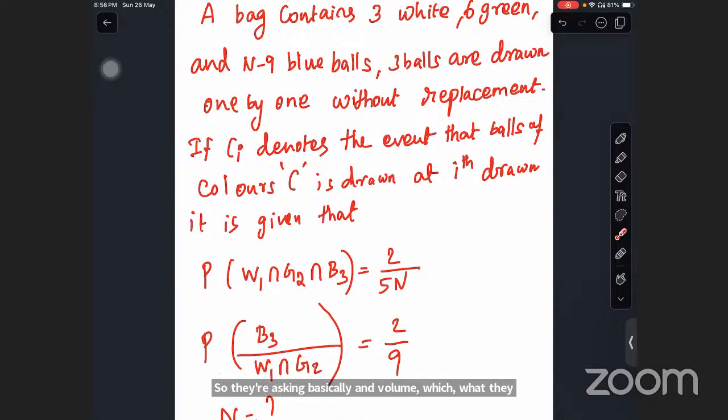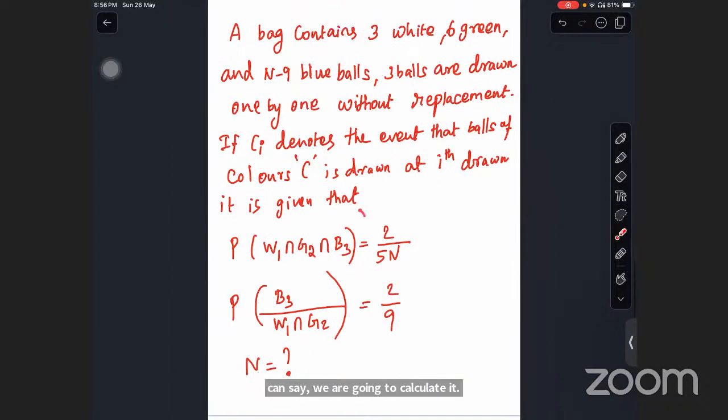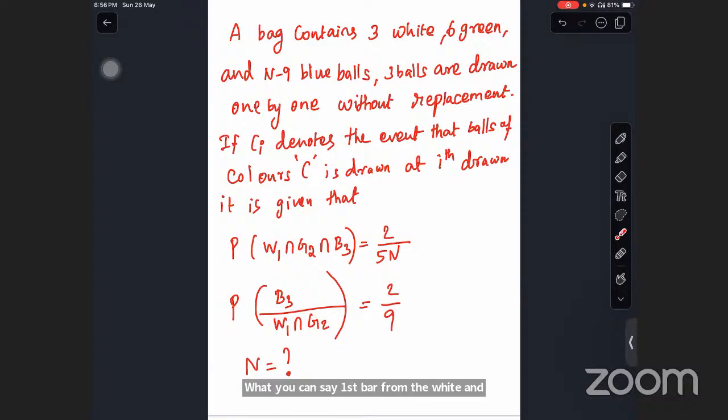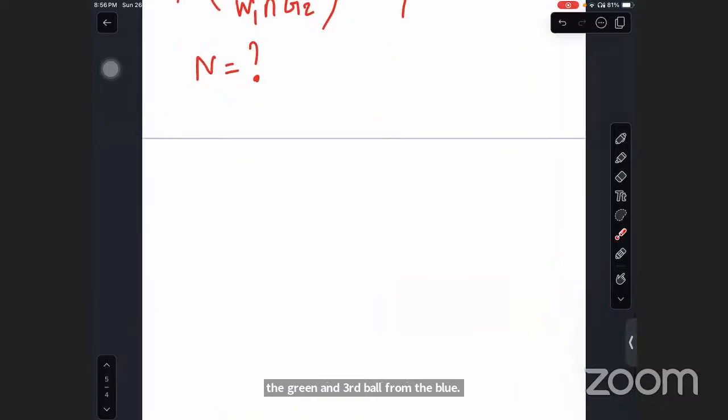So in this first statement, W1 intersection G2 intersection B3, when I select the first ball from the white, the second from the green, and the third ball from the blue, we can rewrite this particular statement this way.